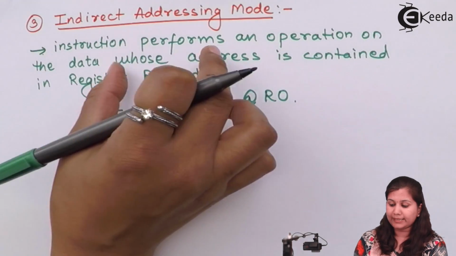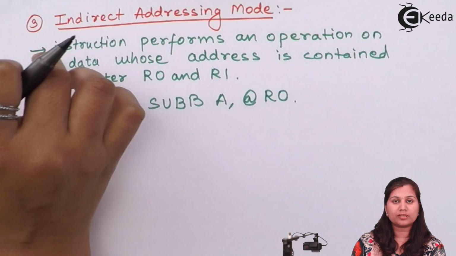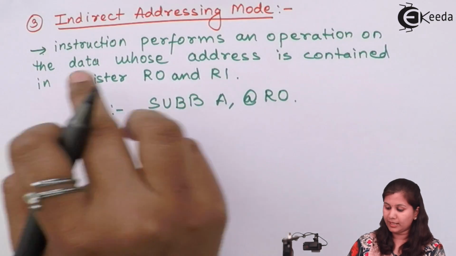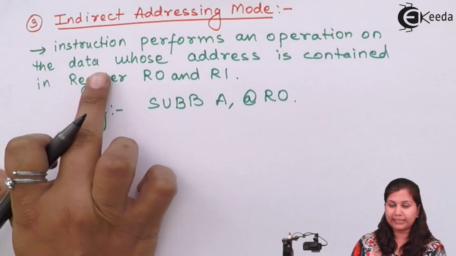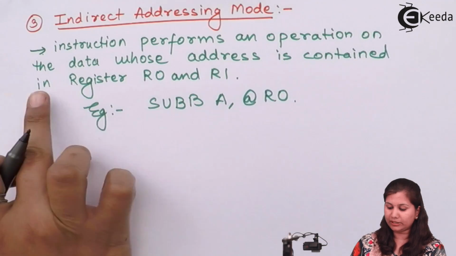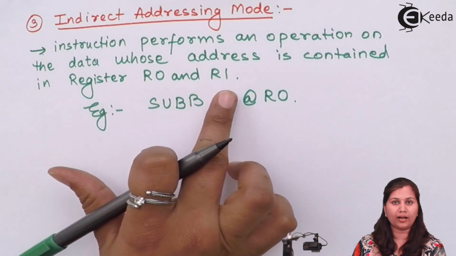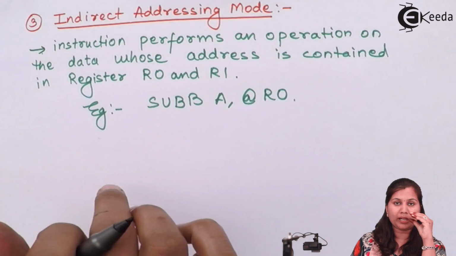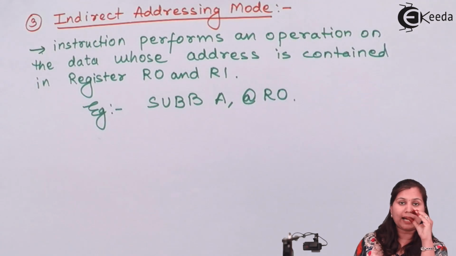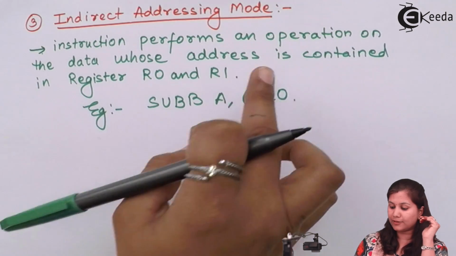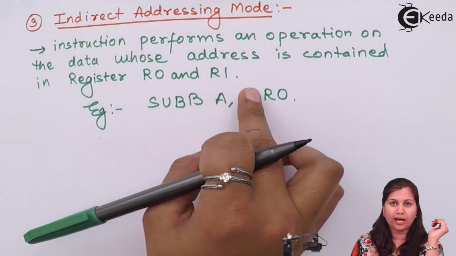Instructions which use this type of addressing perform an operation on the data whose address is contained in register R0 or R1. The memory location where the data is stored, that address is stored in register R0 or R1.